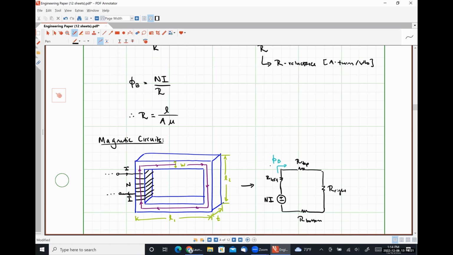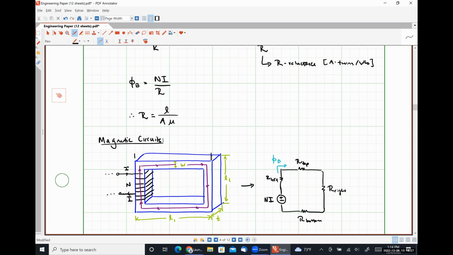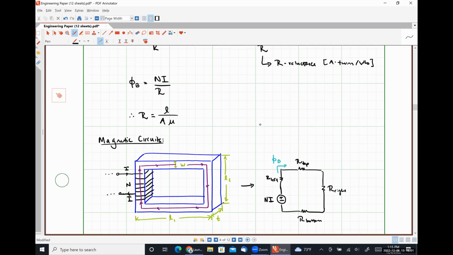Because we have a length of L1 from here to here, and then we come back in half a W on each side. So L1 minus W, absolutely right. So this is going to look like Ni over 2 L1 minus W, because we have two horizontal sections.